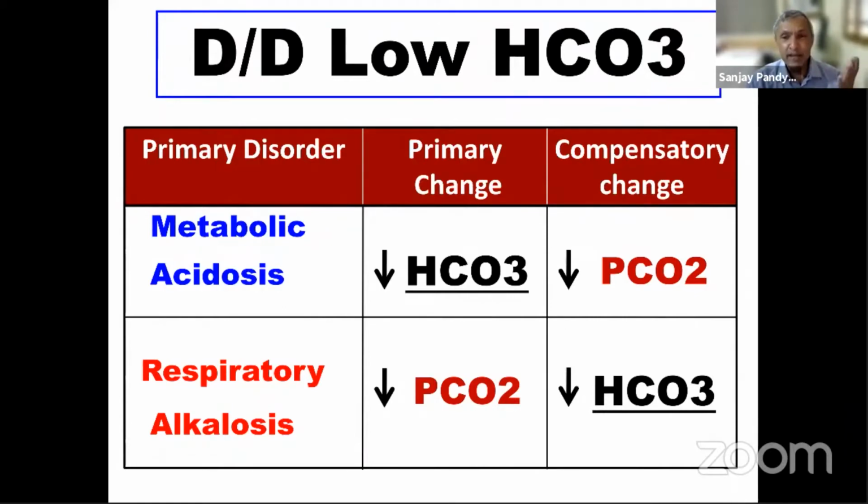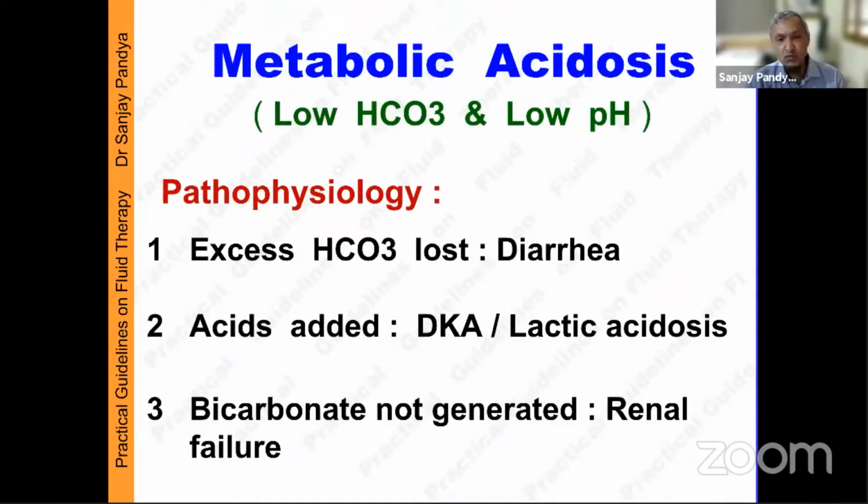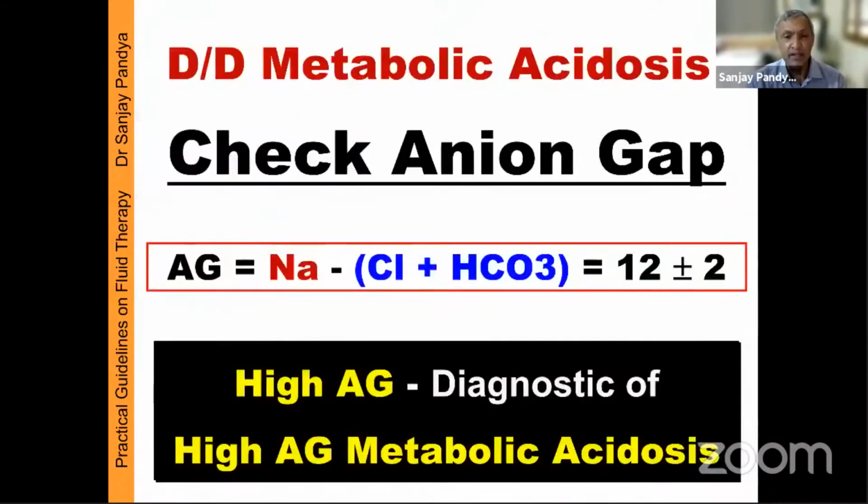Therefore bicarb can reduce because of two reasons. So if the bicarb is low with low pH, our diagnosis is metabolic acidosis. If bicarb is low but pH is high, our diagnosis is respiratory alkalosis. So it is either because of bicarb loss, or because acid is added, or because the kidney is unable to excrete acid.